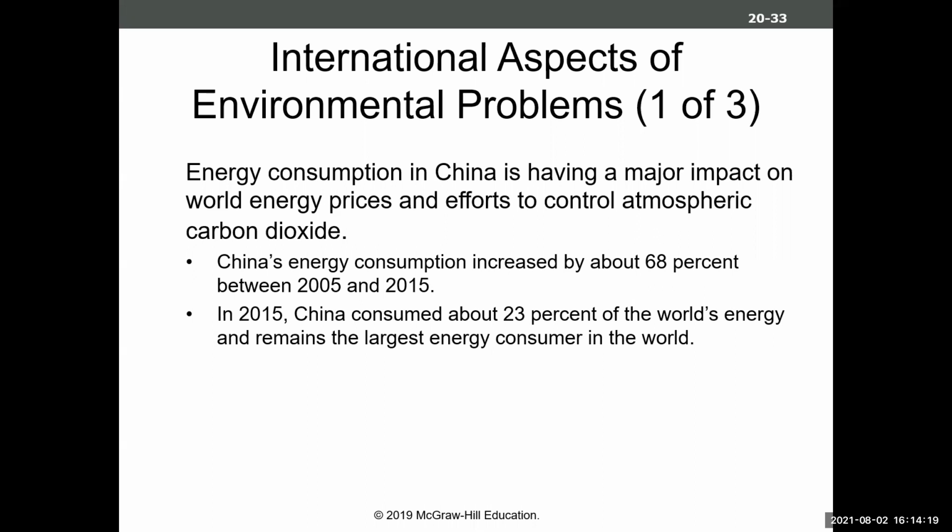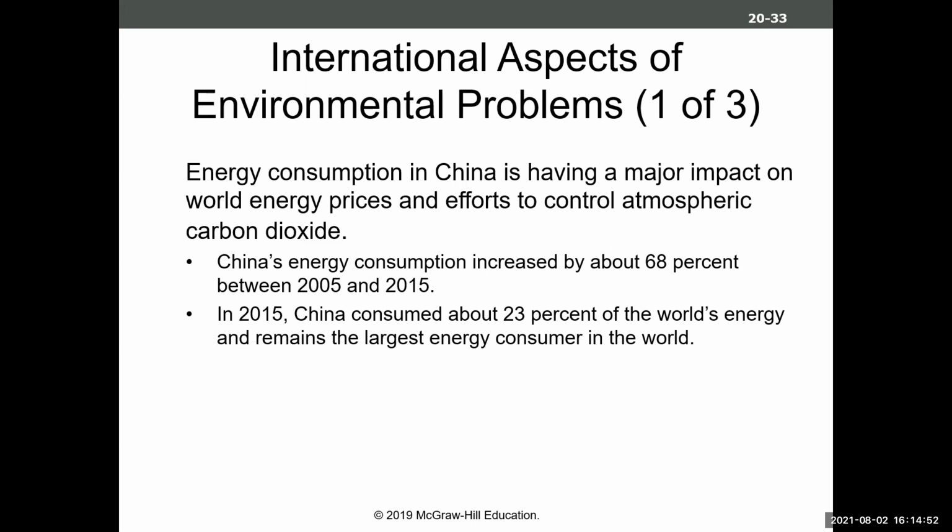If we look at the problems in terms of international environmental problems, there's things like energy consumption having a major impact on world energy prices, and the greenhouse gas effect. China is one of the big countries that consume a lot of energy. China's energy consumption has increased about 68% between 2005 and 2015.